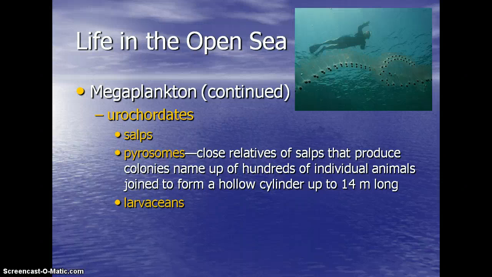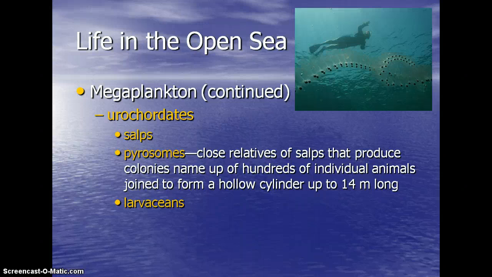Those houses that they create do not have an opening to get rid of feces, so the larvaceans must actually abandon their houses several times a day and grow a new one in order to keep feeding, because as they keep filtering the water through, they get plankton, but they're also building up waste, and so eventually they can't eat anymore because it's just too clogged with waste. They get rid of it and form a new little mucus house.